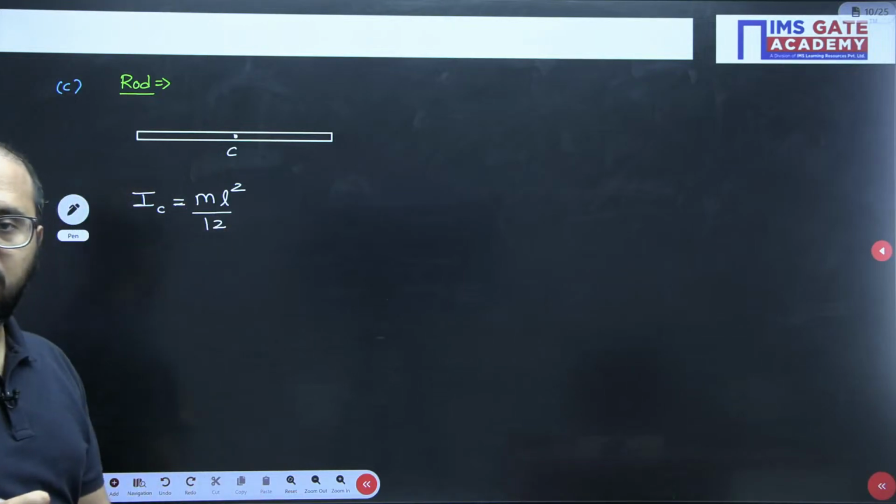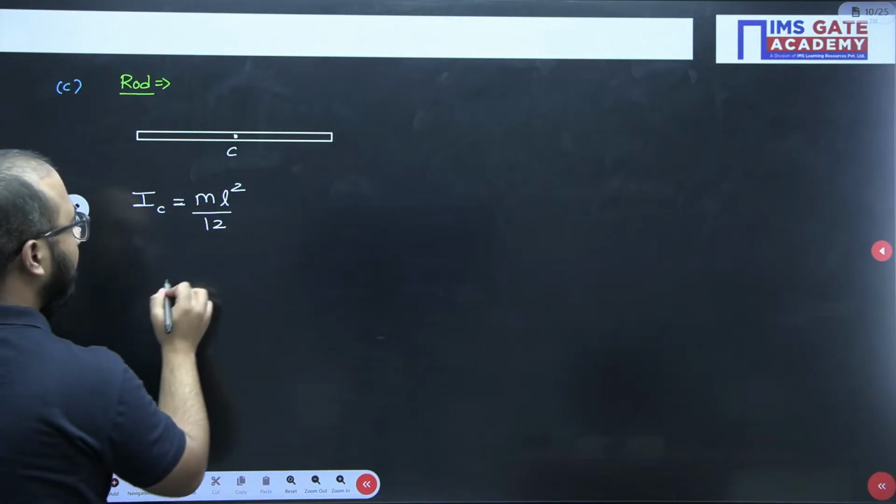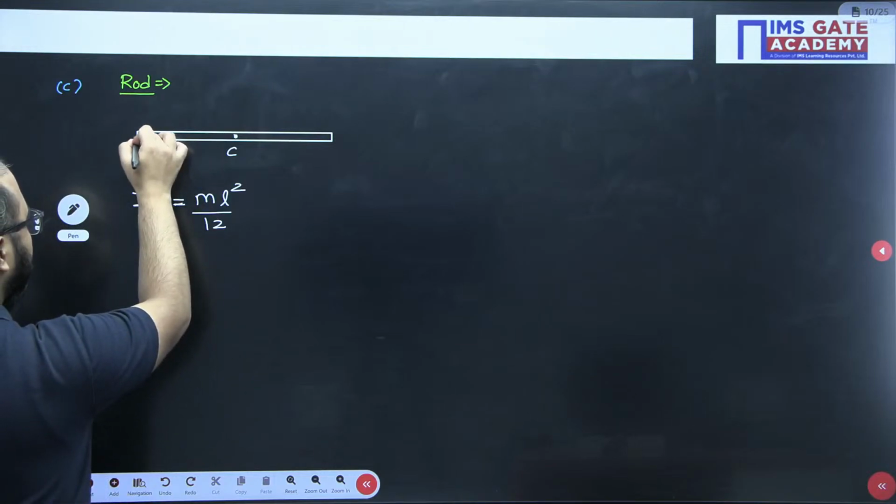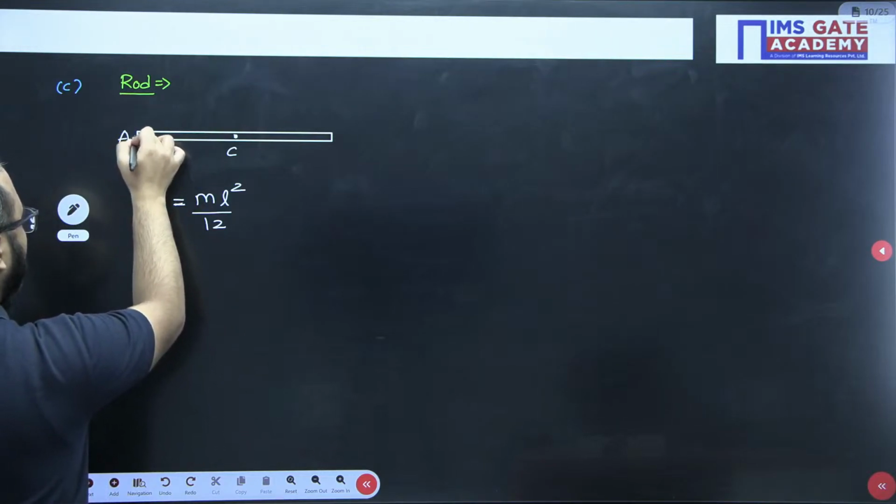Now at any other point, for example this point A, again I can use the parallel axis theorem.